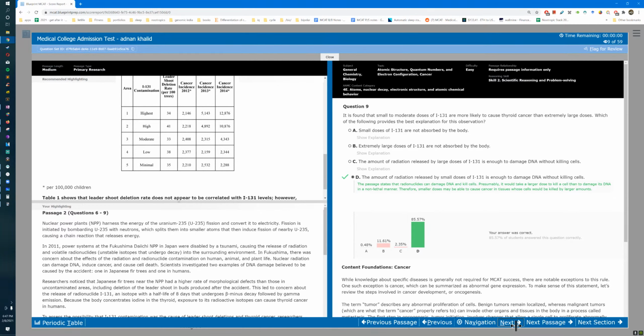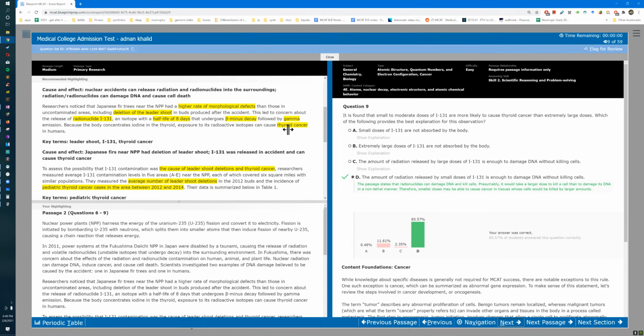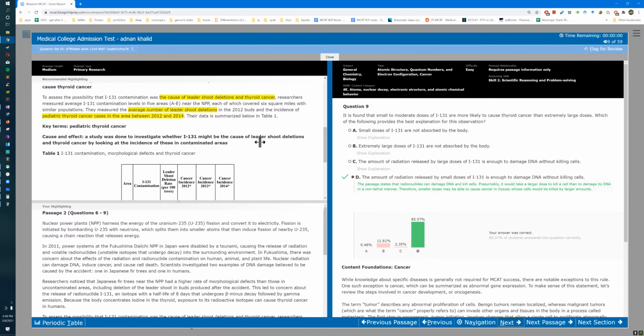Okay, yeah, small to moderate doses are more likely to cause thyroid cancer than extremely large doses. Why? Remember, it releases ionizing gamma radiation that basically just kills the cells. So that'll kill cancer cells as well.